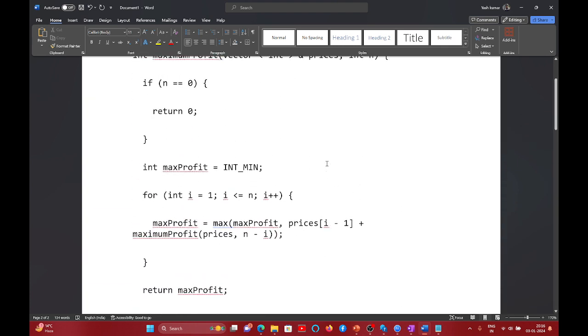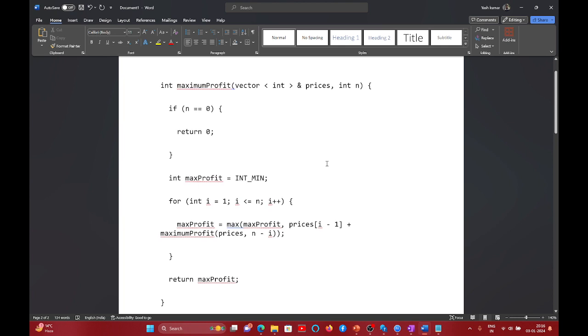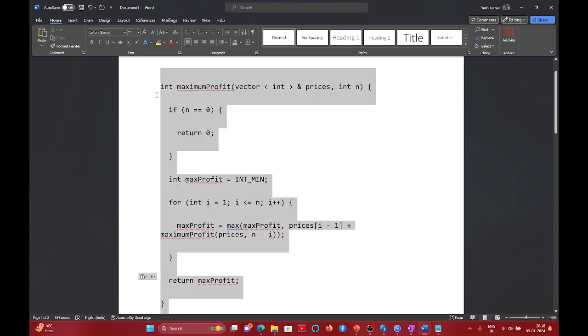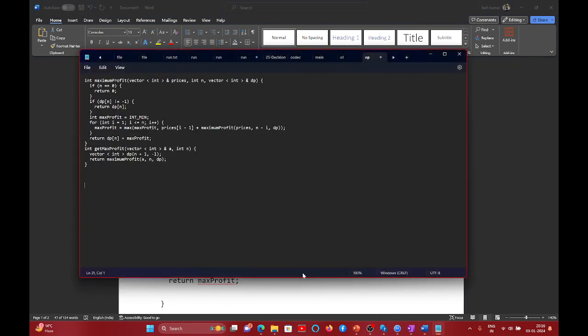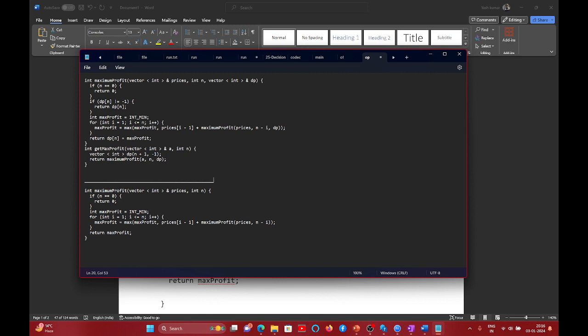This was our original function. What are the changes you can observe? I'll just copy it there, so it's easy for us to see the difference between those two. This is our new function, I'll just add a line here, and this was our old function.